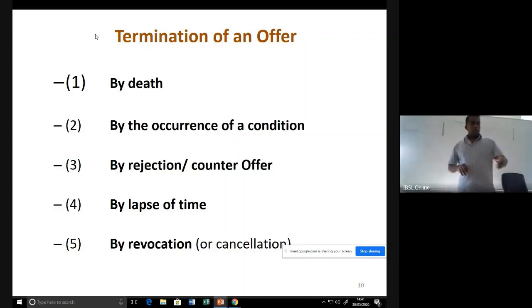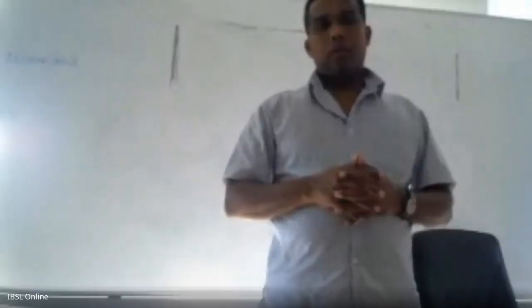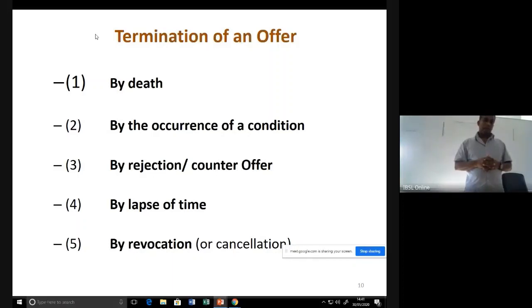So some condition happened, some situation happened. Because of that situation, the offer is no more value. If it is accepted, I can't perform because I can't give paddy in April. I can't cultivate again and give crops by April.